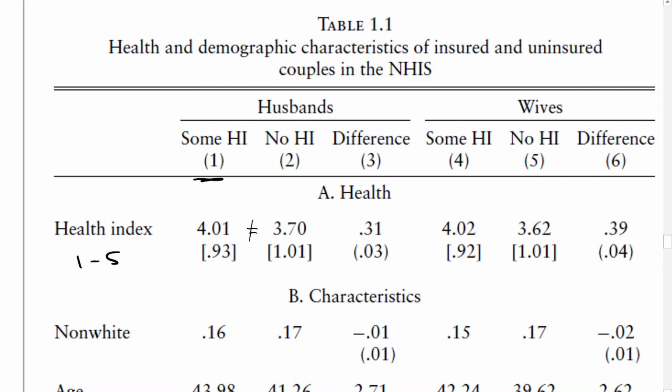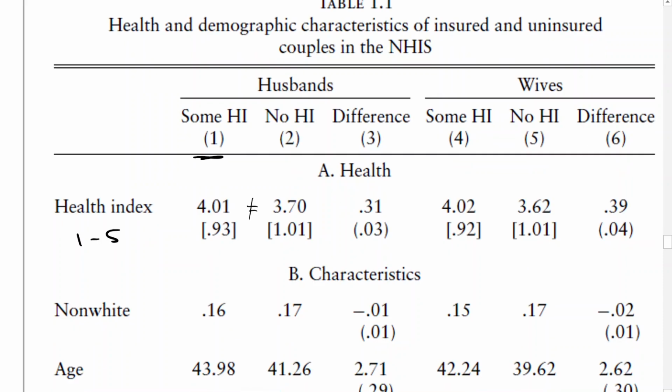But in order to find a causal effect, we need to make sure that everything else is equal across both groups and that there's no selection bias or selection effects, that certain types of people select into having health insurance and some people don't.